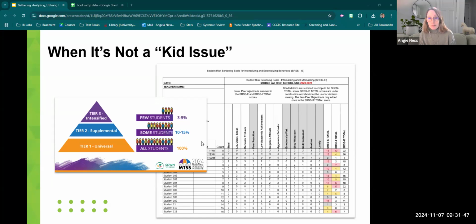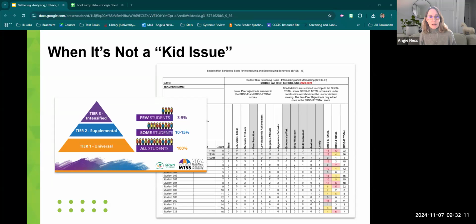So we know from MTSS that above a tier 1 level, you shouldn't have more than about 15% of your students needing more support. And if you see something like this, where almost every single student has elevated needs, that to me, when I saw that from some of my teachers, told me that wasn't a kid issue.